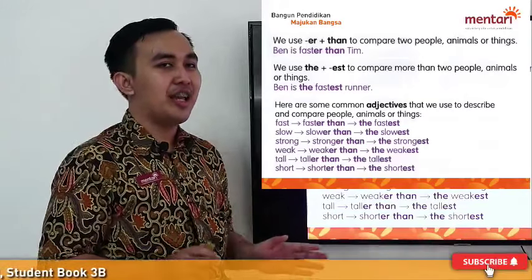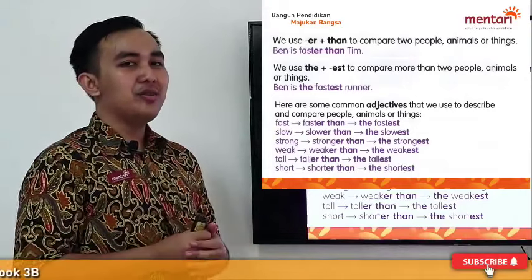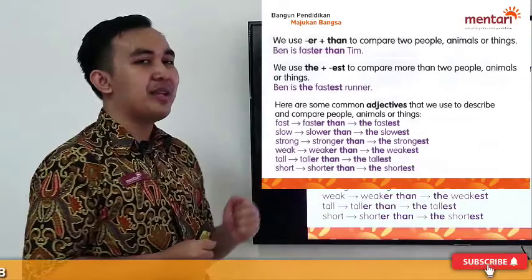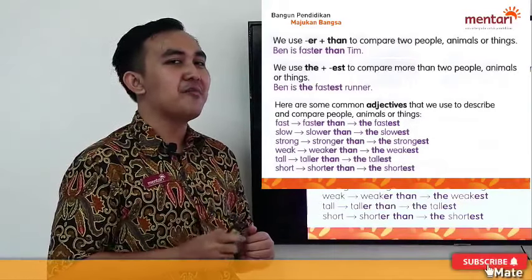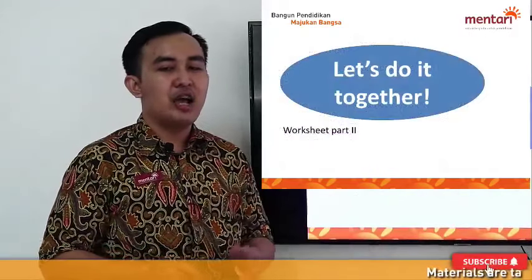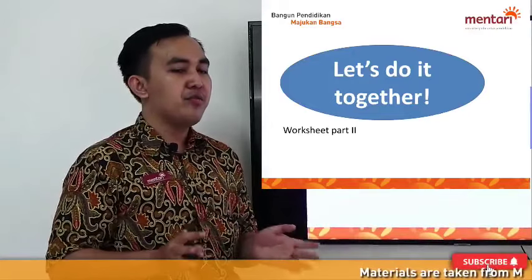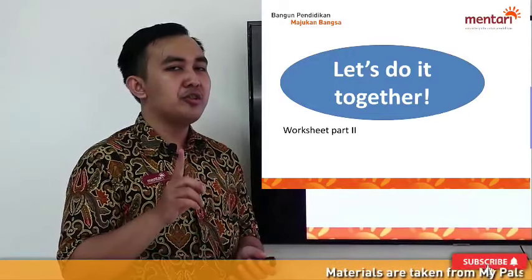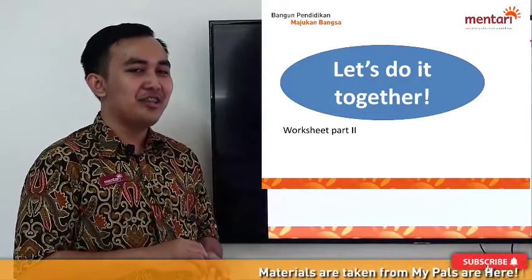Alright, everyone. Do you get it? I hope you get this explanation from me, and I want to check your comprehension after this. Let's do it together, but before we do it together, I want you to do it by yourself. Don't worry, I still give you time.